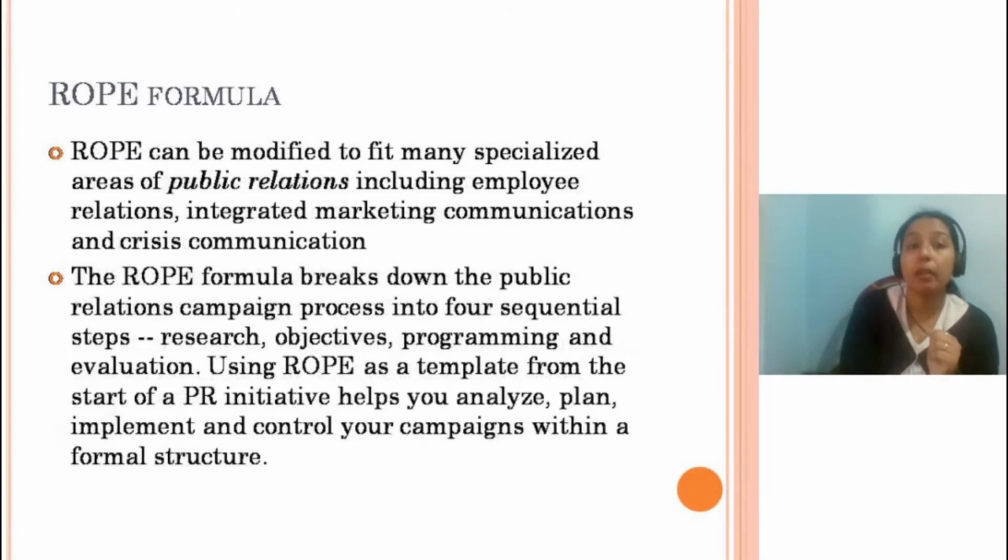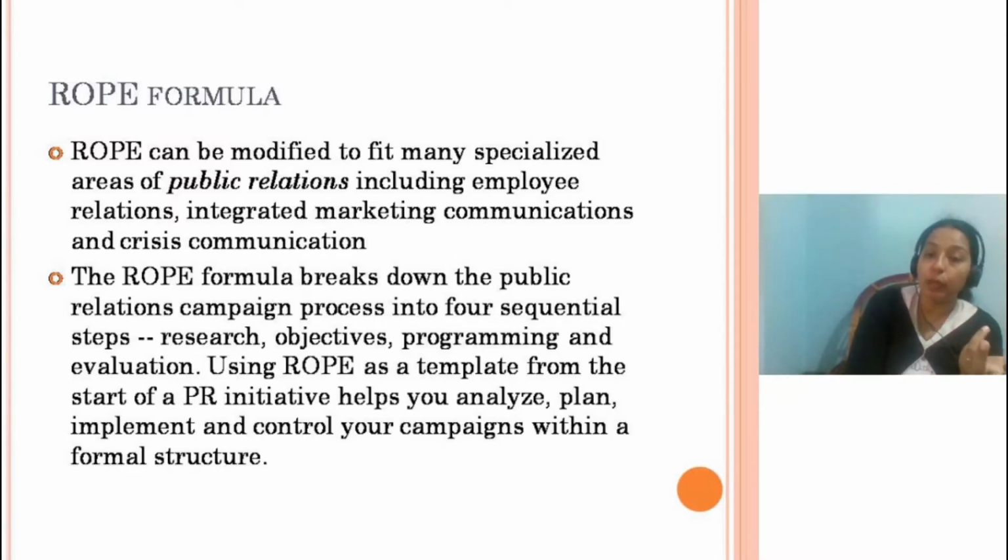And ROPE can be modified to fit many specialized areas of public relations, including employee relations, integrated marketing communication, and crisis communication. So the benefit of this particular formula is that you can fit it into any field of public relations.